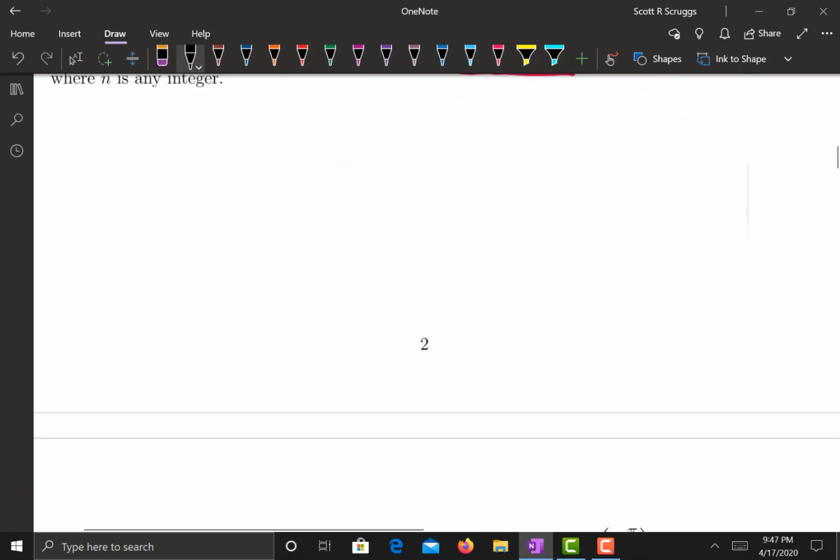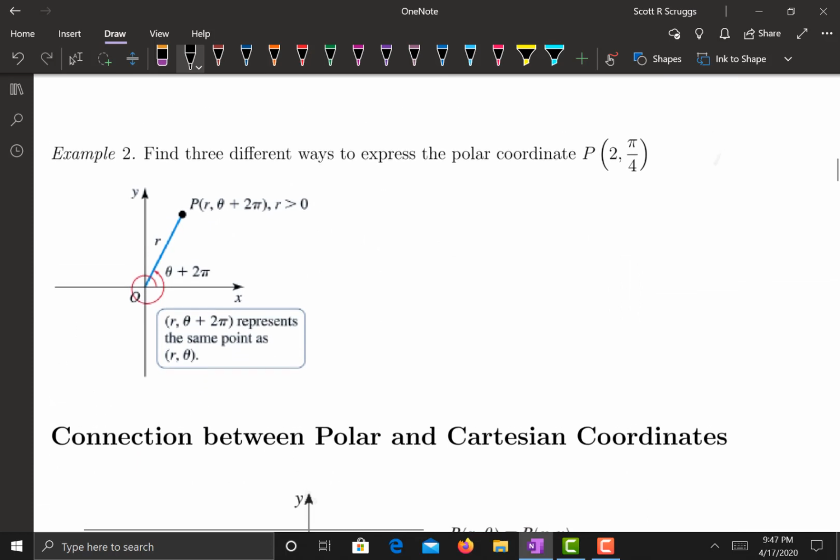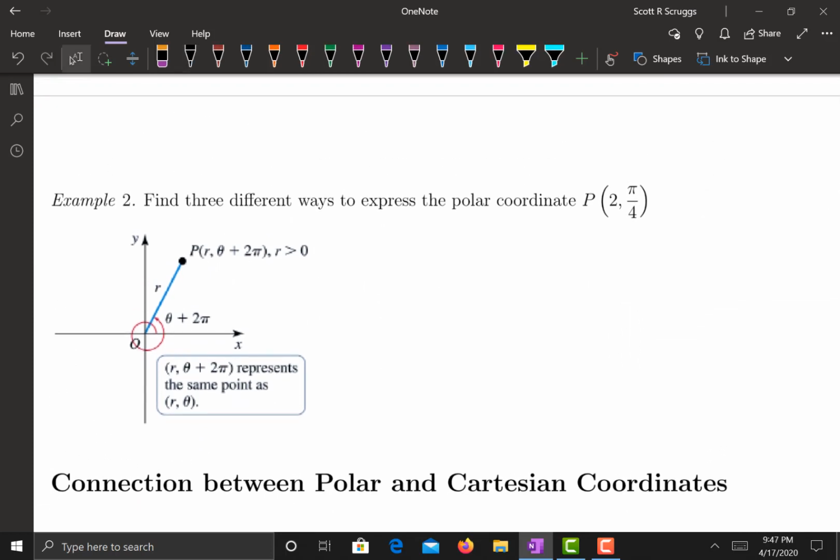All right, and with that, let's practice different ways to represent a polar coordinate. So let's express the polar coordinate 2 and then pi over 4. So what that meant was I started at 2 and then I rotated pi over 4 radians. Well, by what we talked about before, there are different ways we can do it.